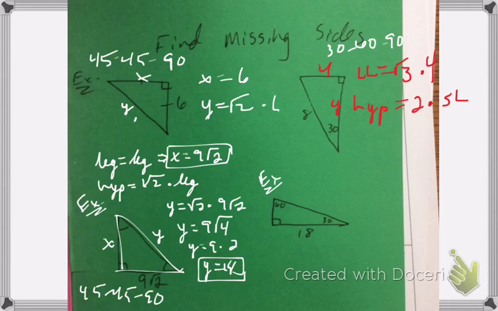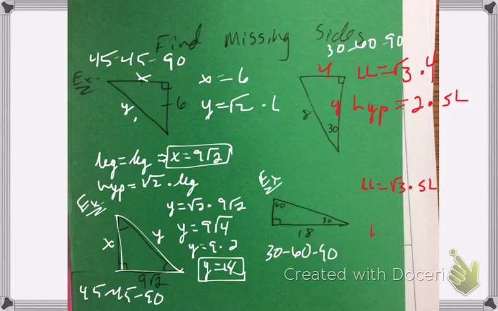All right. So like we said, this is a 30-60-90 triangle. So we need the 30-60-90 equations. The 30-60-90 equations look like what? Long leg equals radical 3 times the short leg.